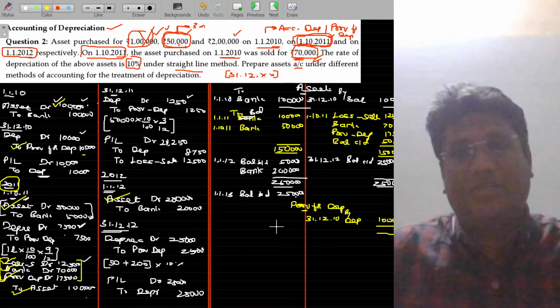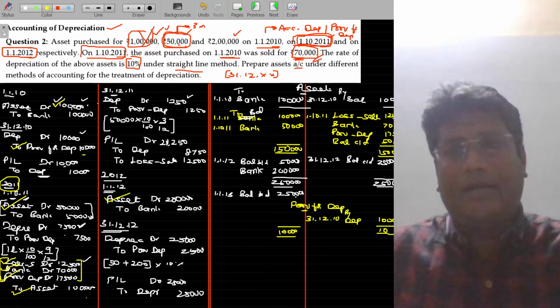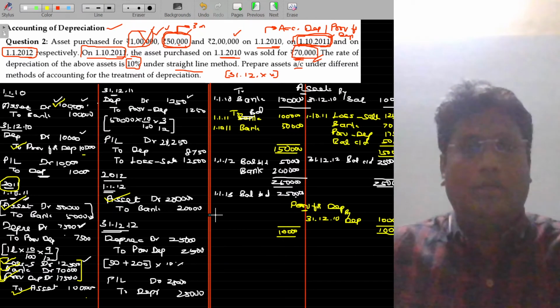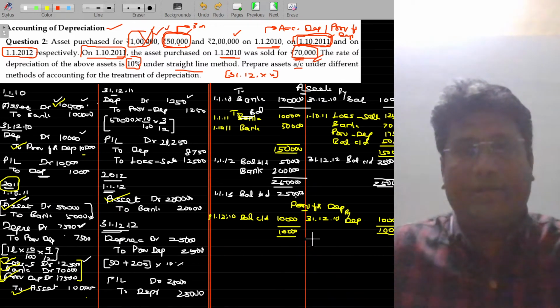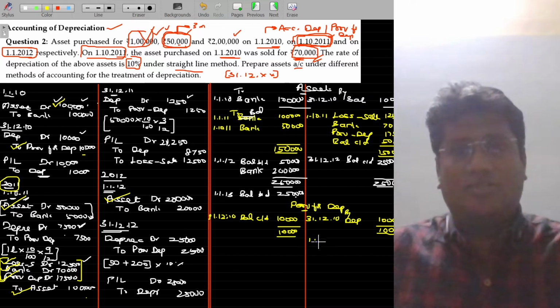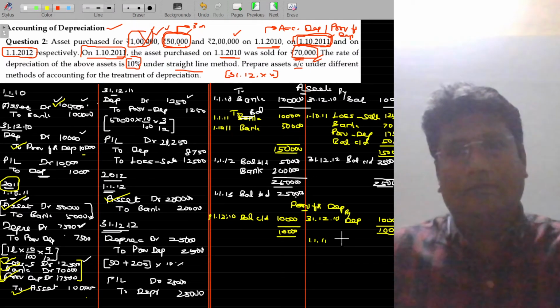That's all in the very first year. So finish up tallying this. 31/12/10, balance carried on also being the same 10,000, transferred to the next year beginning 1st January 2011, balance brought down 10,000 rupees.